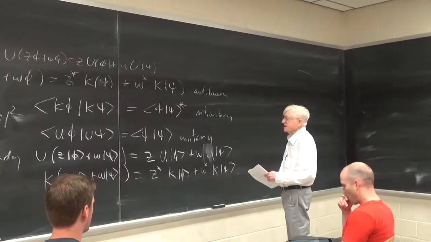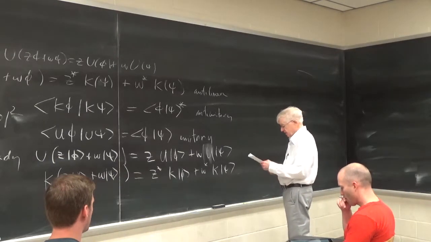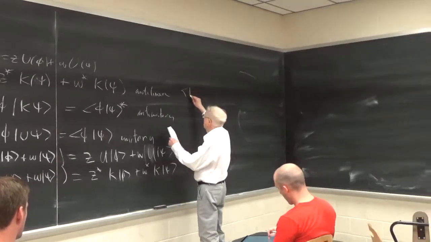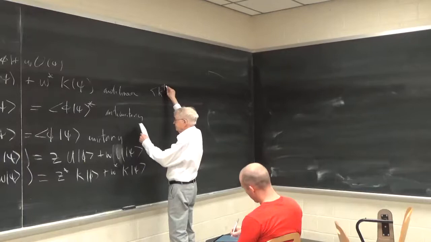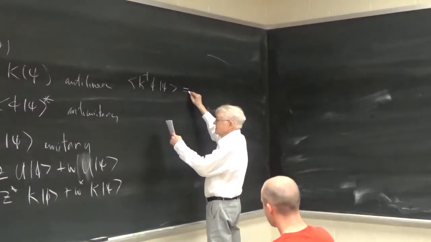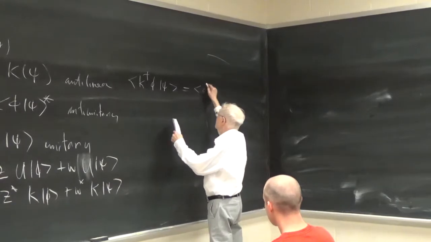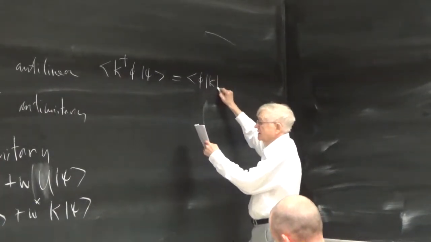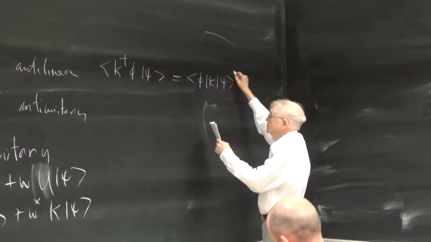I forgot to say what the adjoint of an antilinear operator is, and it's defined in this way. K dagger phi psi is defined as phi K psi complex conjugate.